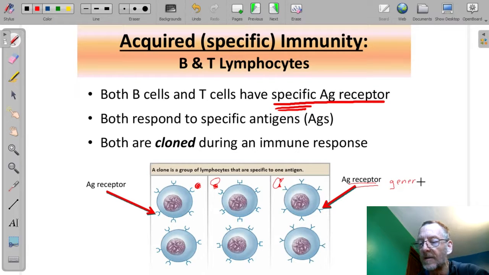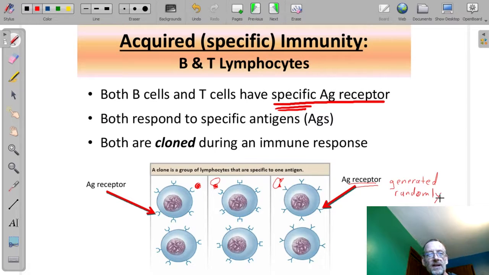No plan as to what might be needed. But since you literally have tens of trillions of different cell possibilities, the chances are real good that you'll have something that will bind whatever comes along.